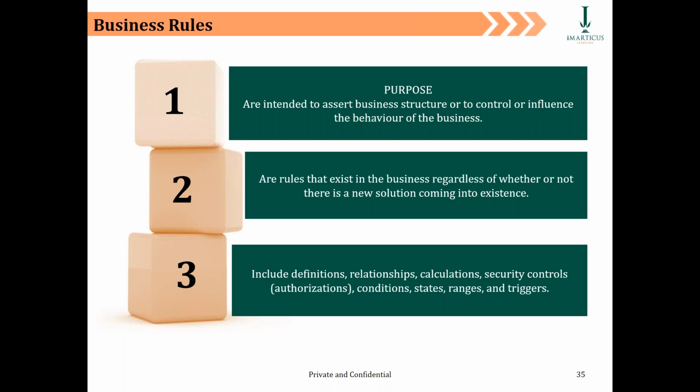Second, business rules are inevitable. They always exist in a system. Whether a new solution is coming or not, whether you're transforming some business process, technology, or a combination of both, doesn't matter. Business rules exist, and they will continue to exist.